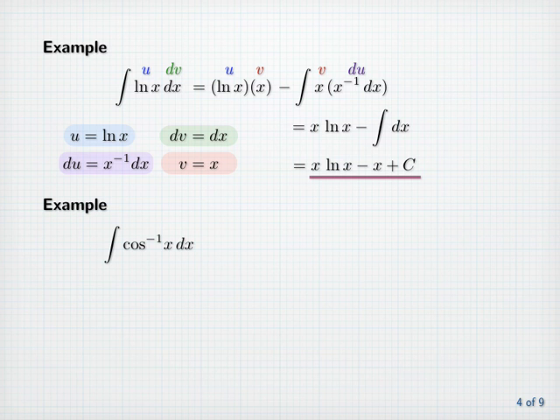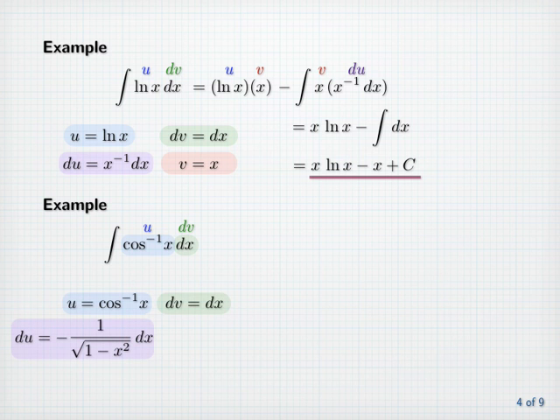Another similar example, the integral of the inverse cosine of x dx. Here we'll let u equal inverse cosine of x and dv equal dx. Now recall that the derivative of the inverse cosine of x is minus 1 over the square root of 1 minus x squared, so du is that times dx, and integrating dx gives us v equals x.